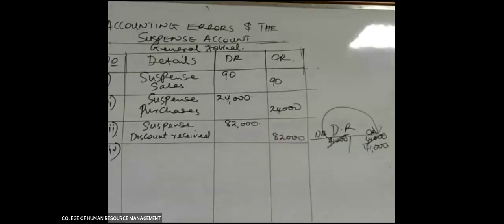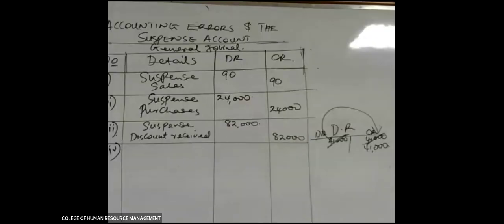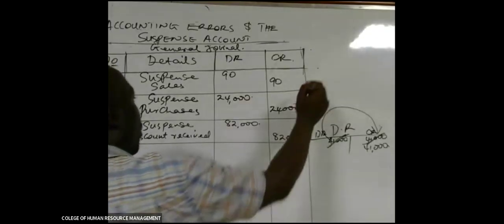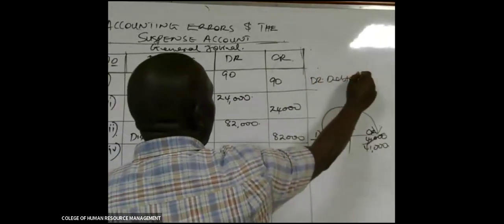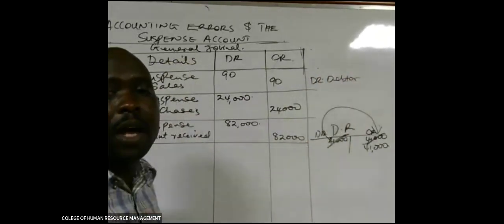Now ask yourself, did we debit 9,000 more or 9,000 less? 9,000 less. And the debtor is normally debited at the point of sale, but we debited this debtor with 9,000 less.